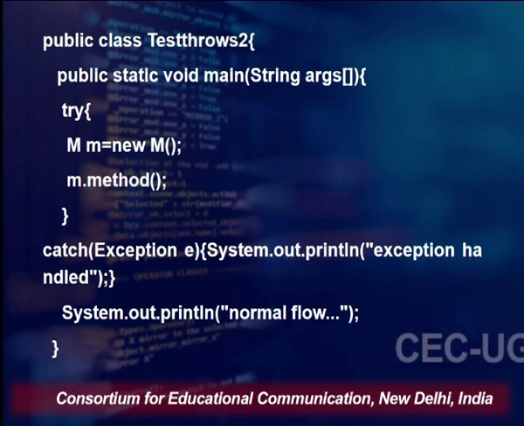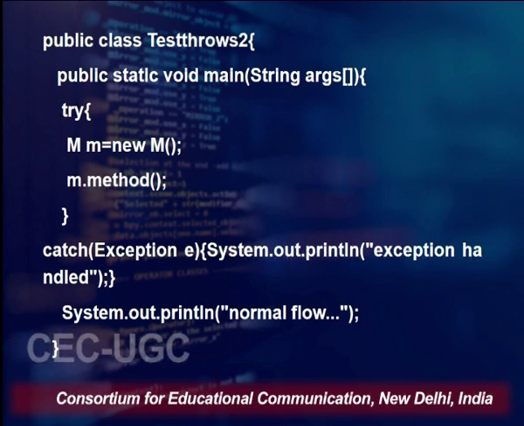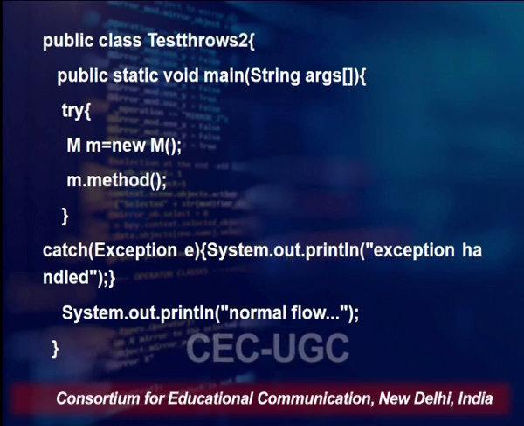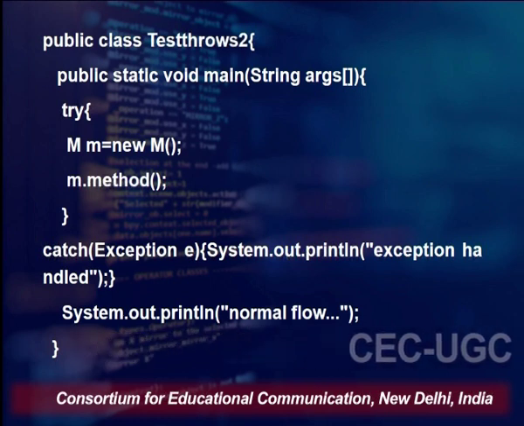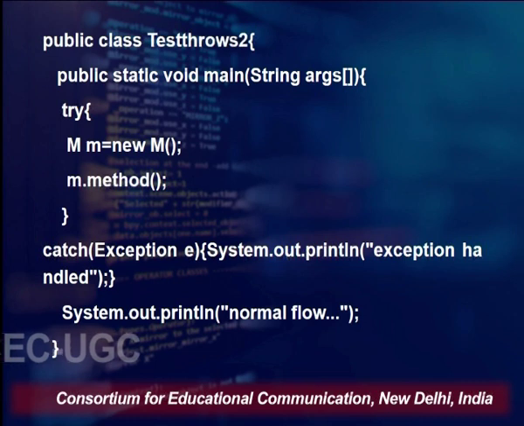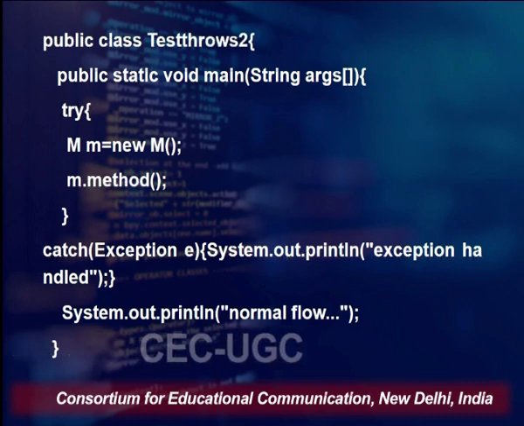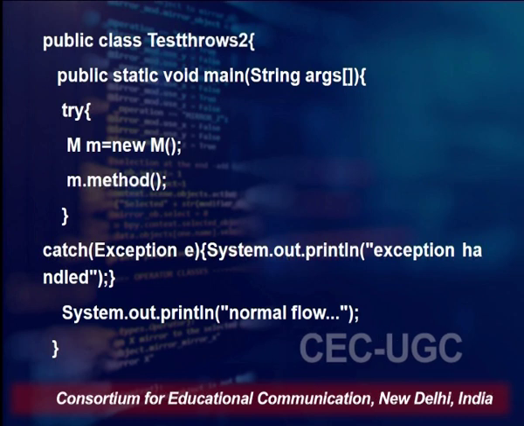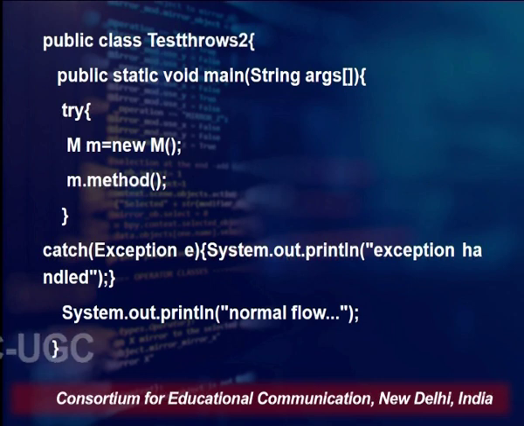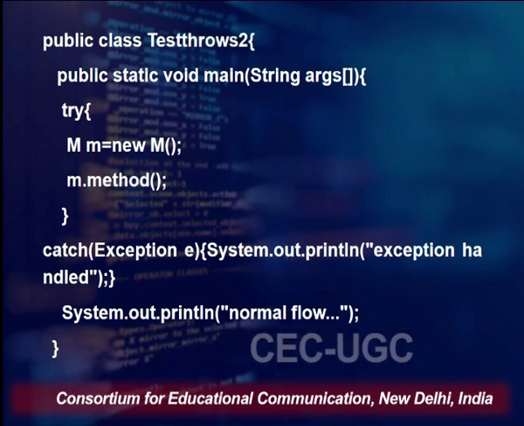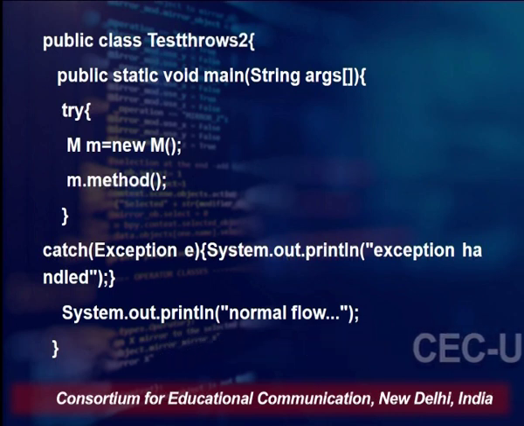That call has been enclosed within the try block, and as there is a try block we have also placed one catch block there. So basically the proper handling of this exception is being done with the help of the try catch blocks.